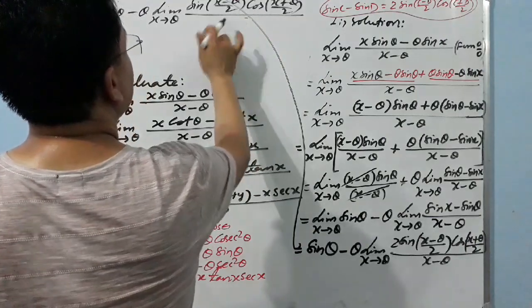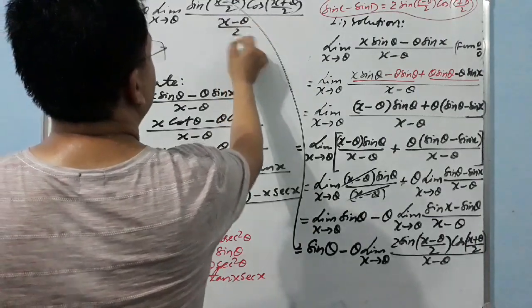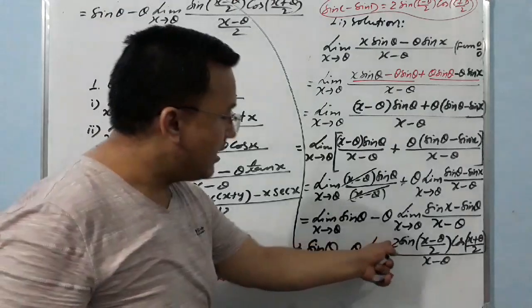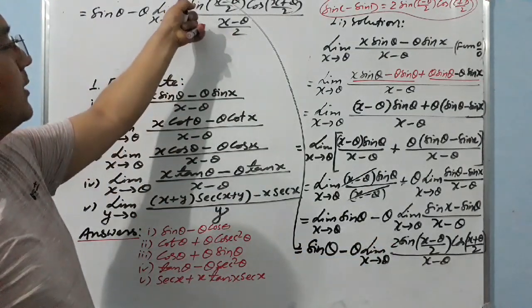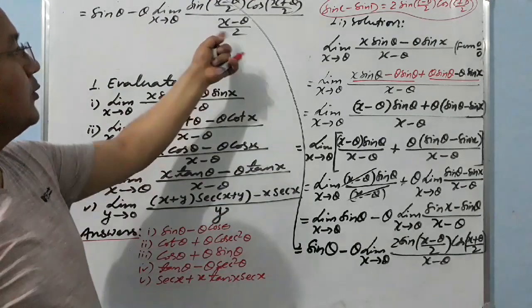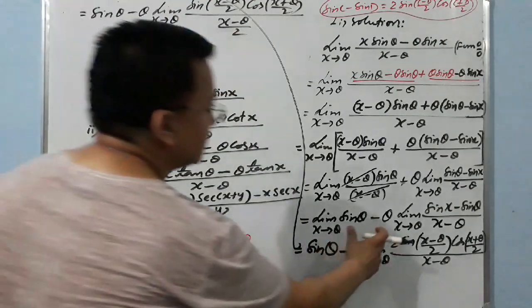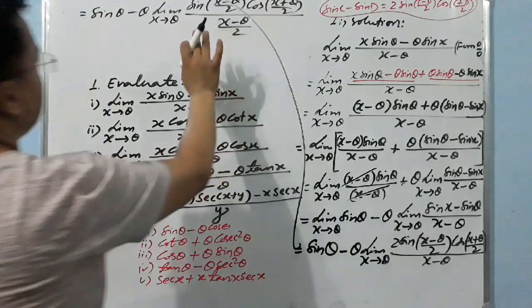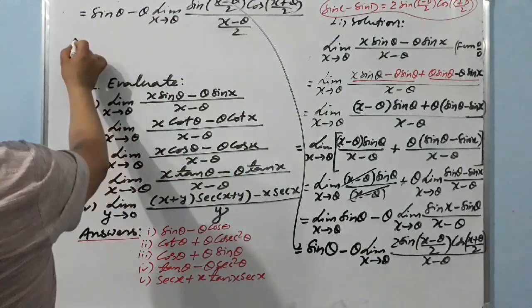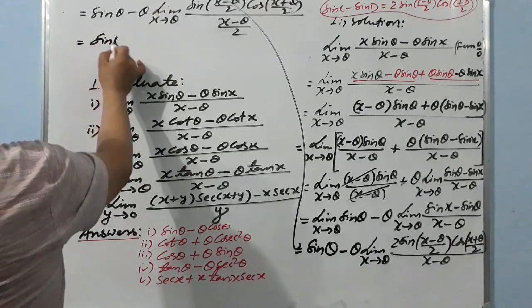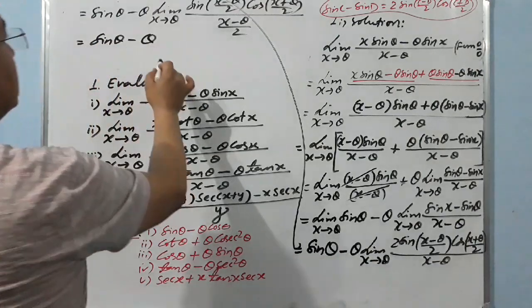See here very carefully, x minus theta upon 2. So this 2 I brought again upon this one, it goes in the numerator, so it is the same thing. This expression is equal to this expression, there is no problem. So the 2 may go off. Don't get confused. Sine theta minus theta.